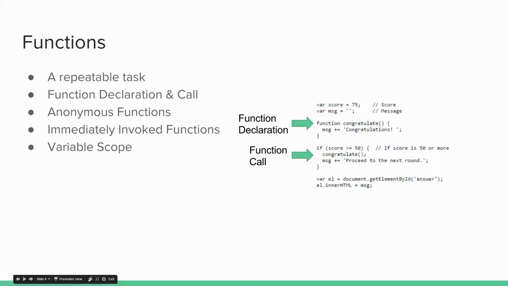But scope is, if any of you have taken a Java class, critical for you to understand, because otherwise you'll get error messages where it'll say an undeclared variable has been used, etc. So always understand your scope and that you are using your variables appropriately.